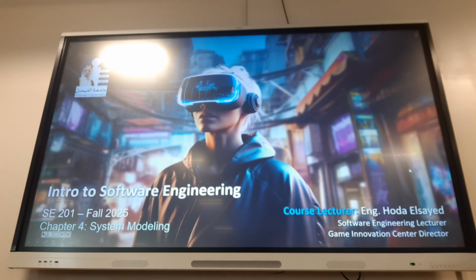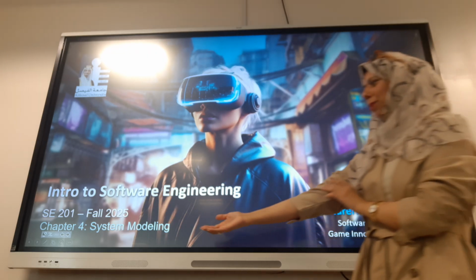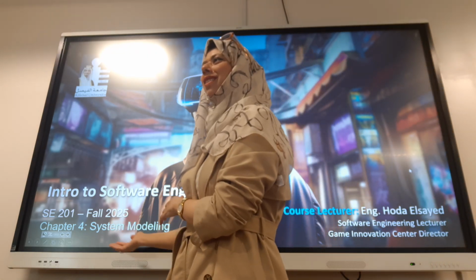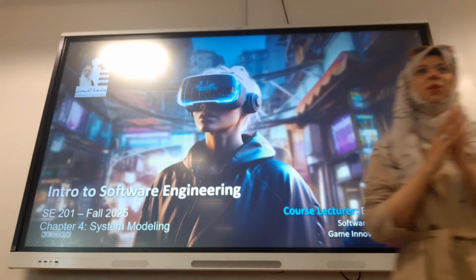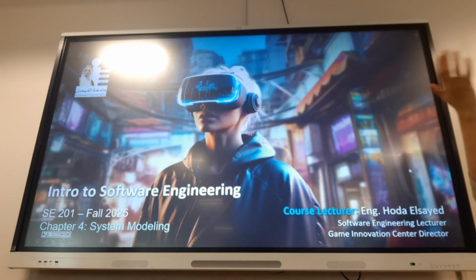Now we will start a new chapter, and this chapter is mostly talking about system modeling. So it's a very nice stage in between requirements gathering and implementation, right? We have coding, we have requirements, and a stage in between, like when you type, let's say, pseudocode.